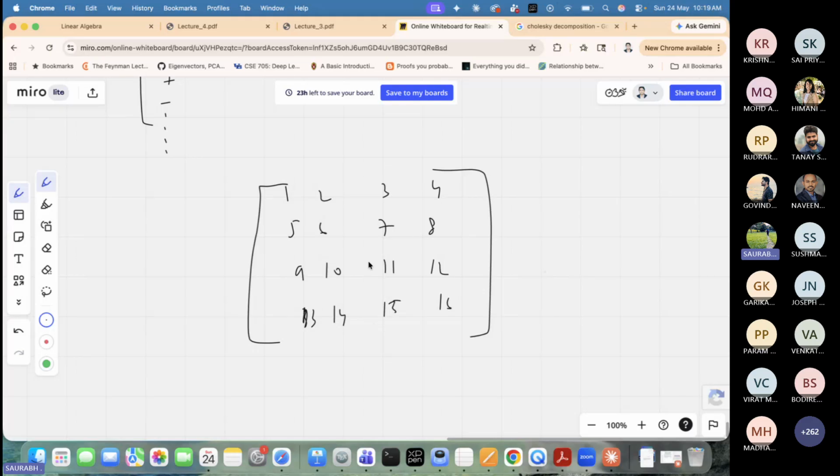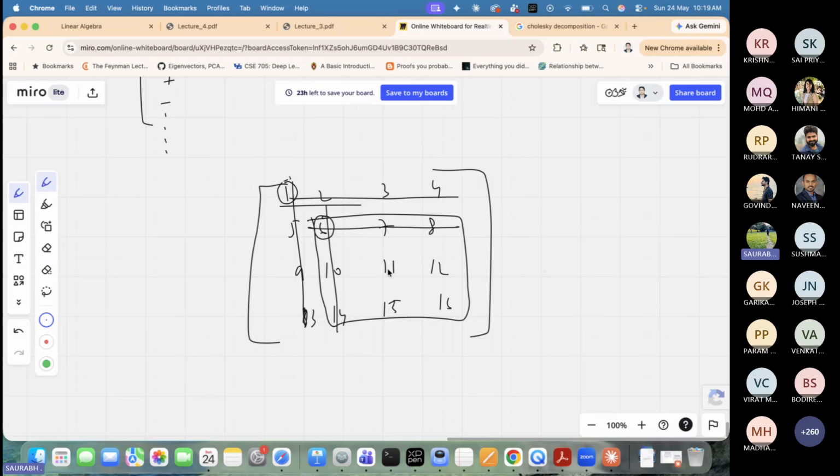Now in this particular case, what would happen if you have to expand via the first row? You first take the first element, remove its row and column, and you get this matrix. At this matrix, you get to 6, and then you expand, removing this row and this column, and you get to this one.